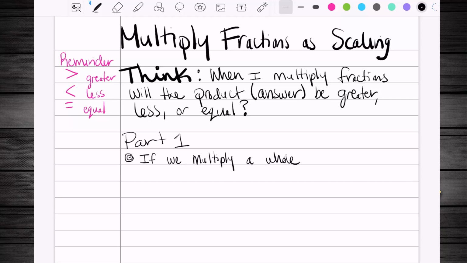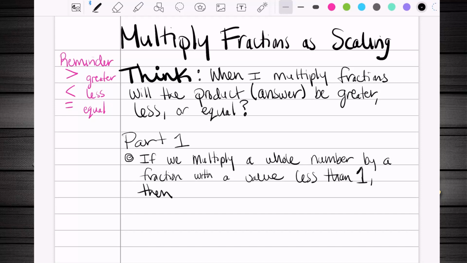If we multiply a whole number by a fraction with a value less than 1, then the product will be less than the whole number.